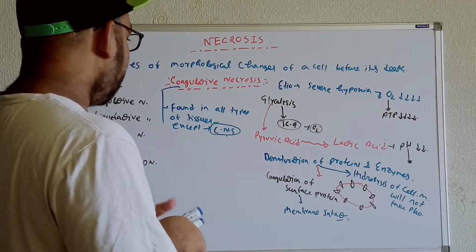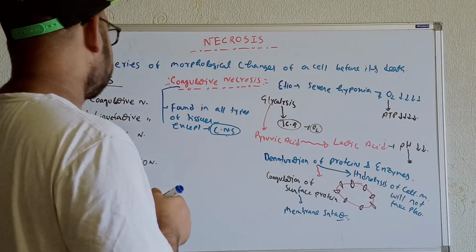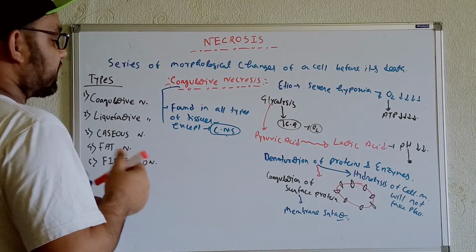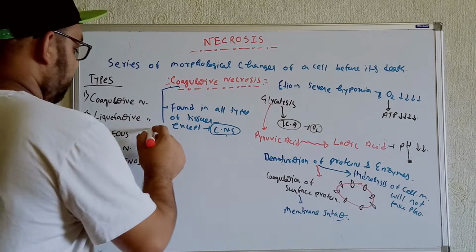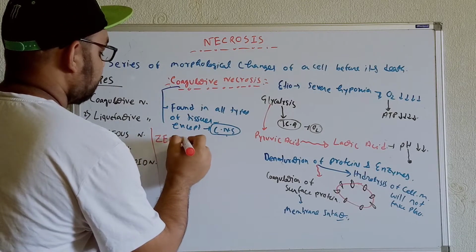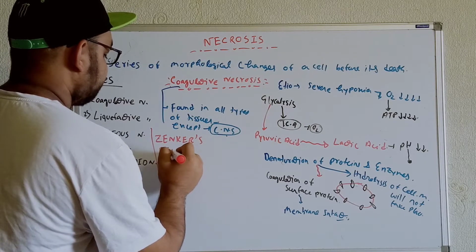Now we need to know some basic points, some terminologies about these things. First, let me write it over here: Zenker's degeneration. What is it?